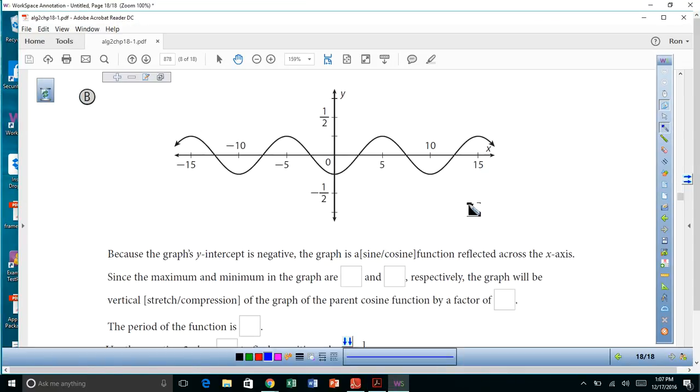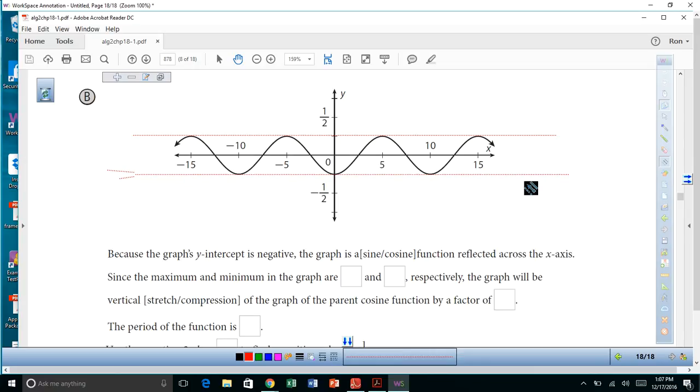Okay, let's take a look at B. I want you to notice something. We're gonna draw this right here, and we're gonna draw that right there. It's a little bit low. We're gonna draw that a little bit high that time, and there.